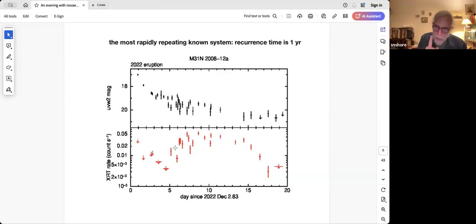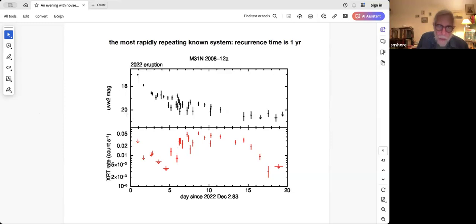But more important, and this is where we don't have an answer, and what you guys do is so tremendously important, we don't know how long it takes after this to recover, or what happens during the recovery. In fact, the thing that's striking about this nova, you notice the magnitudes here.